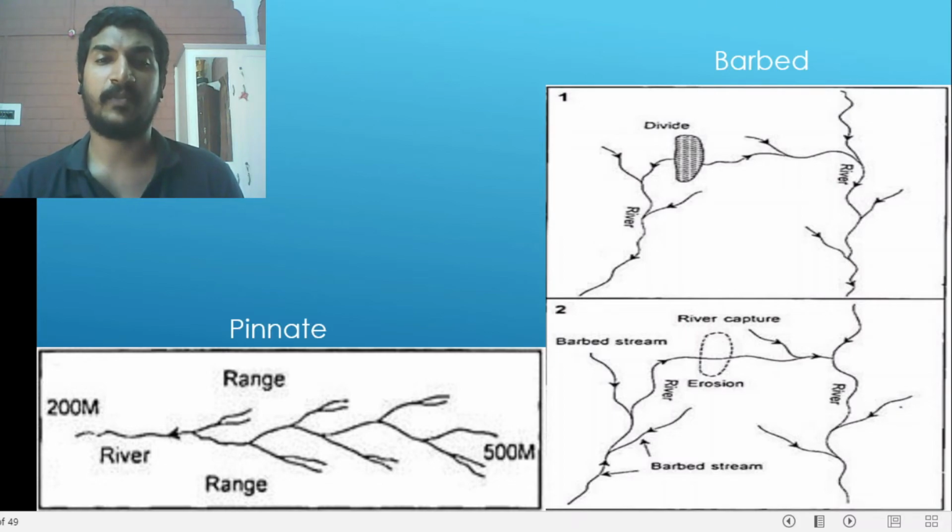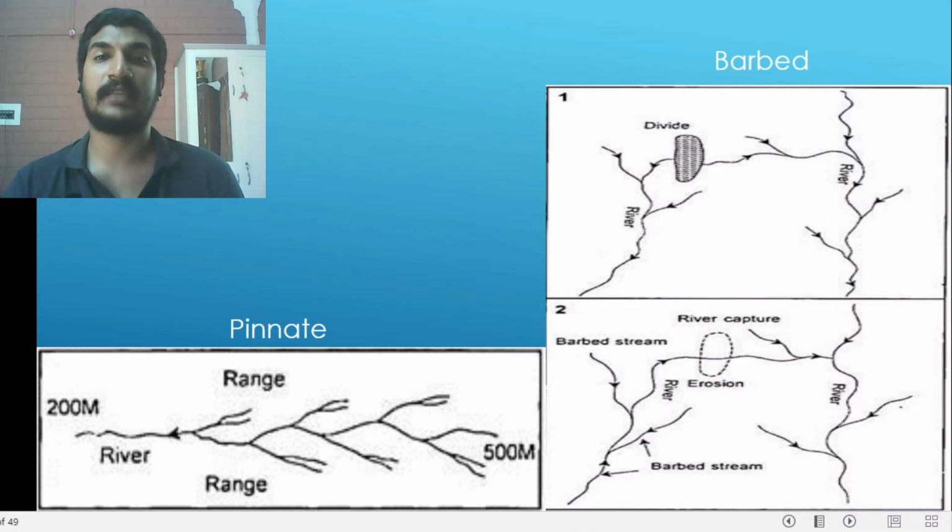The next type of drainage pattern is the barbed drainage pattern. It's a rare kind of drainage pattern which is formed when the tributaries flow in the opposite direction to their master streams. The tributaries join their master streams in a hoop-shaped bend.